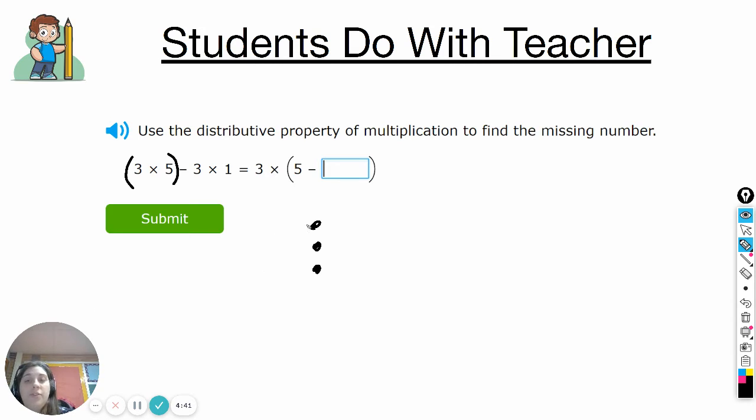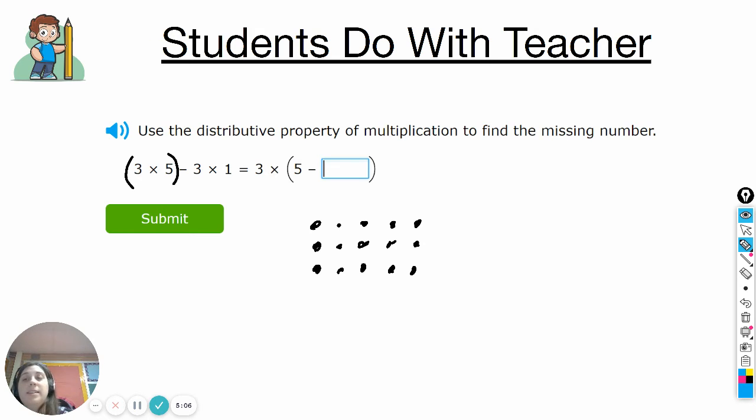So this first dot I drew is 1, and I add 2, 3, 4, 5 in each row. There's my 3 rows of 5. So I have 3 going down, 5 across.